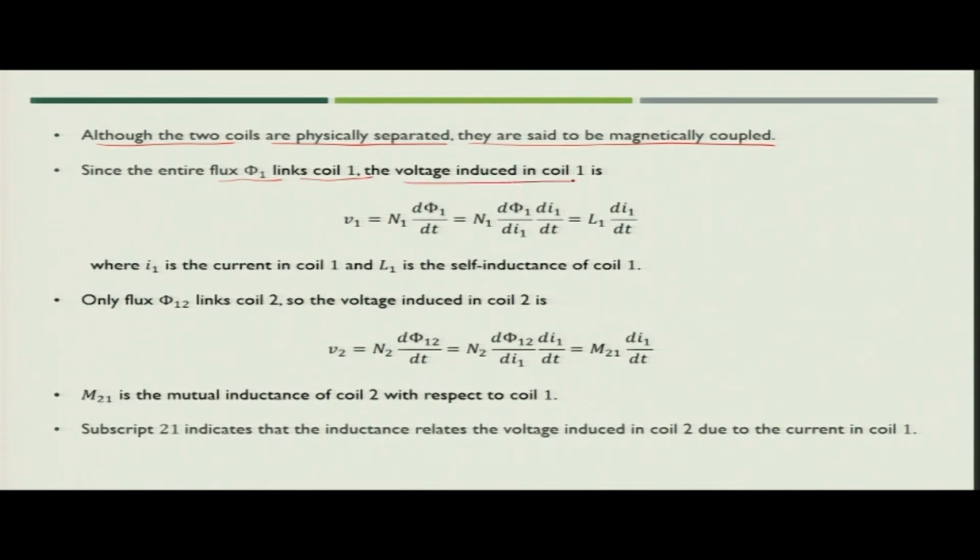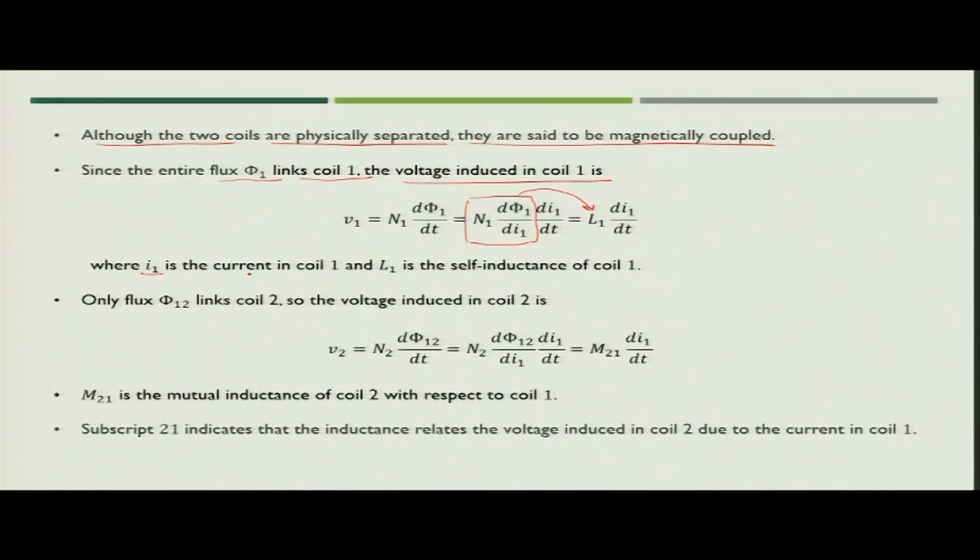The voltage induced in coil 1, V1, is equal to N1 d phi 1 by dt, or you can write N1 d phi 1 by di1 into di1 by dt. Now, this will be your inductance L1. So, you can write V1 is nothing but L1 di1 by dt.